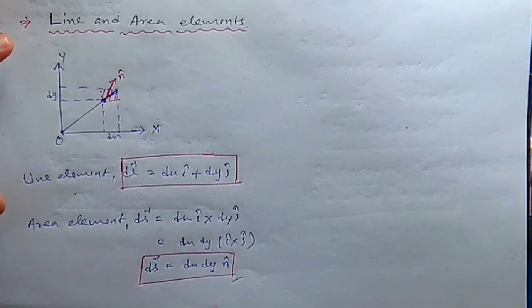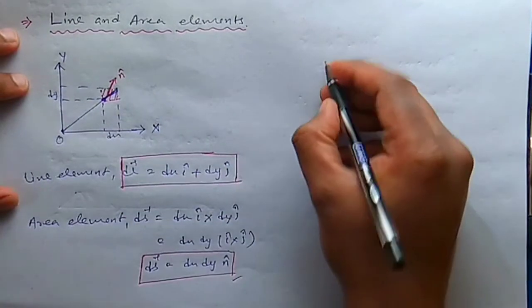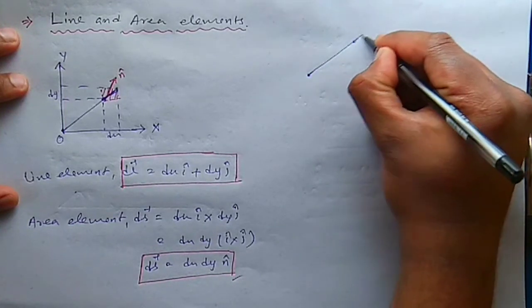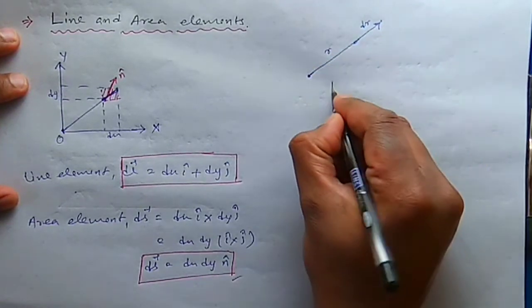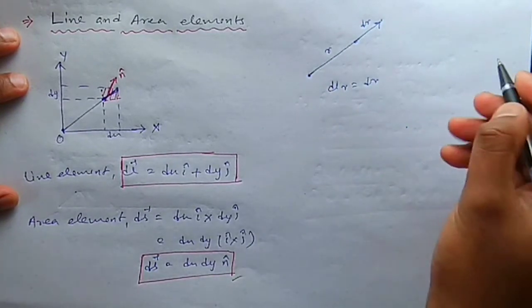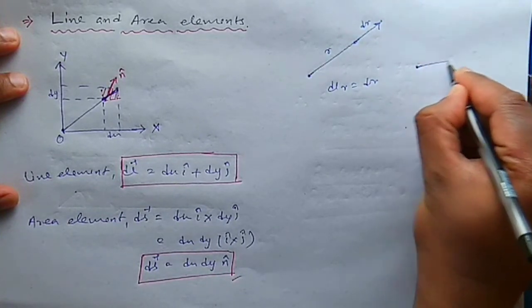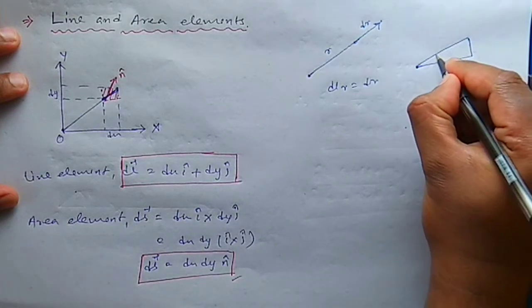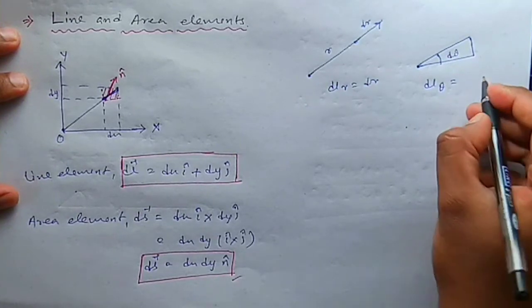In the case of plane polar coordinates, the line element in the direction of r cap can be represented as dl r is equal to dr. And the line element in the direction of theta cap is not just d theta, it is r d theta.